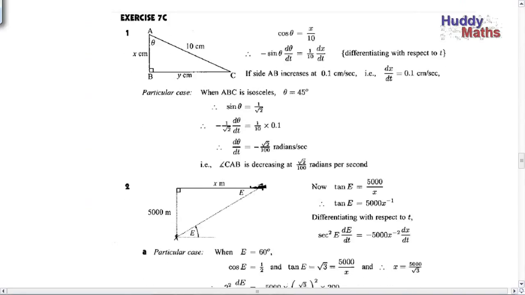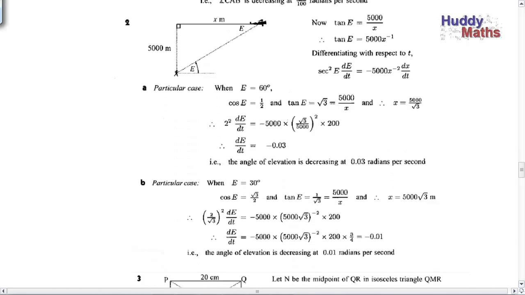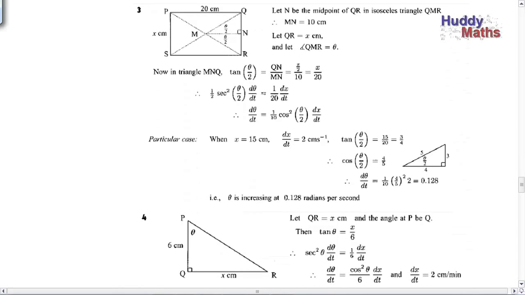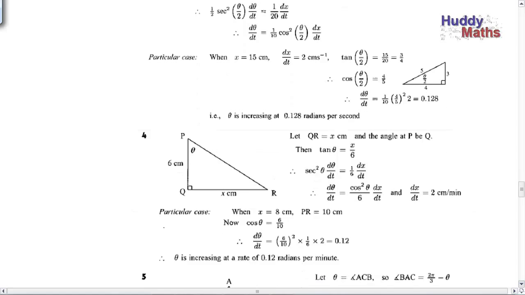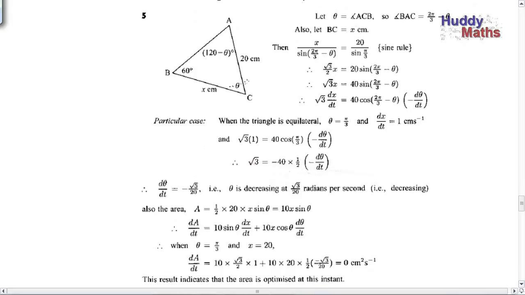So 7C question 1. And then let's look at 2, A and B. And question 3. Question 4. Just see the whole of question 5 here. Okay, question 5.